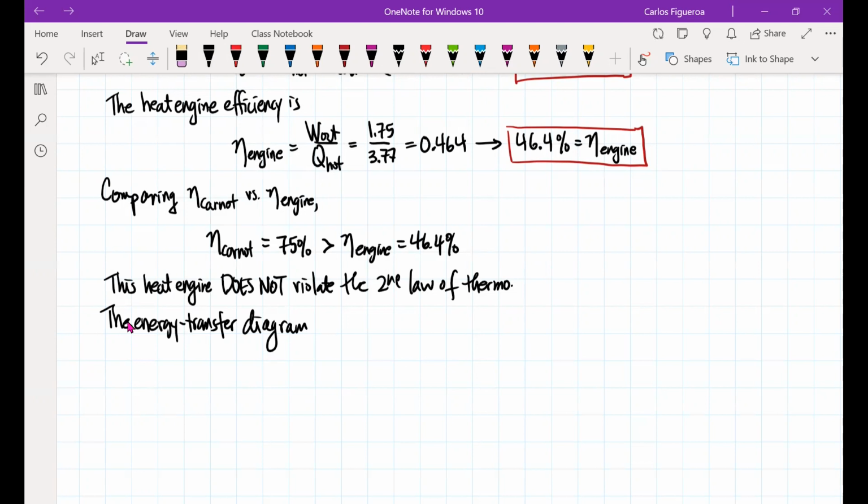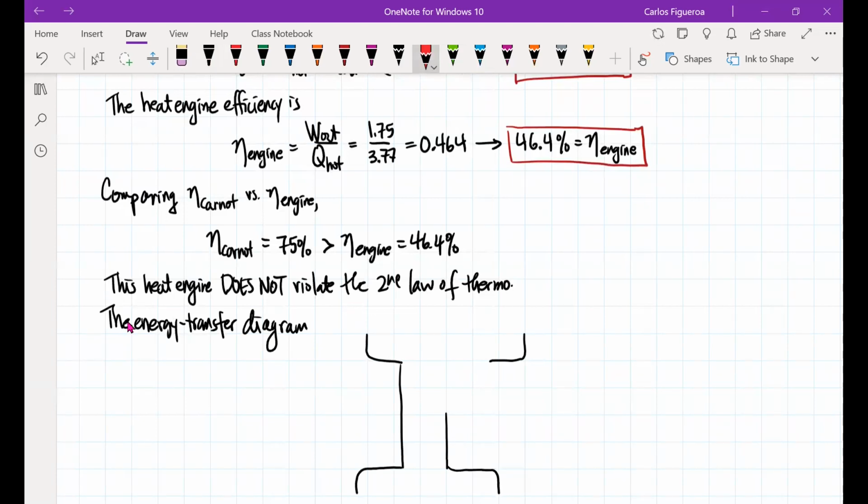Maybe that's a little bit too much. How about if I go from here? Let's look at something like this. So I'm looking at 1, 2, 3, 4. So if I look at this thing here, then this is going to go down to the cold reservoir. Now, the heat engine is about 50%. So I'm going to say that this is about this much. So this amount goes into the cold reservoir.